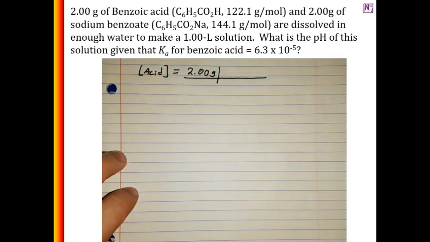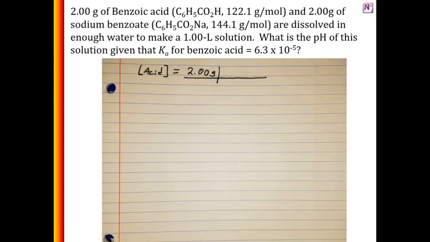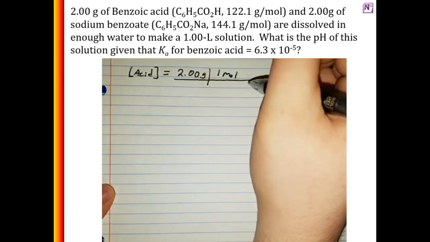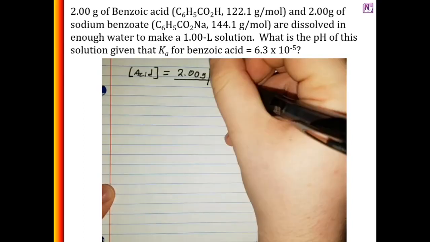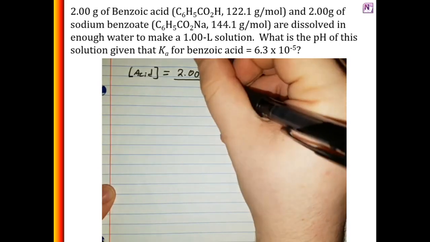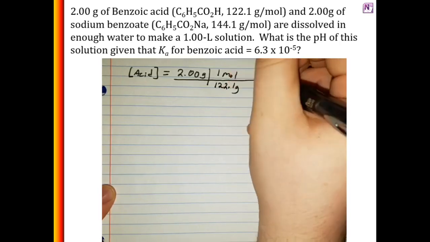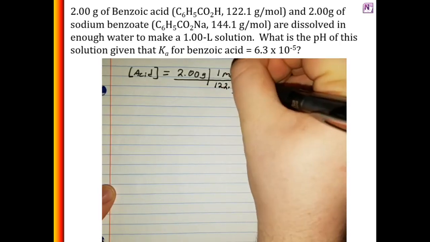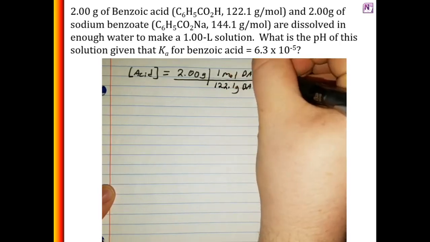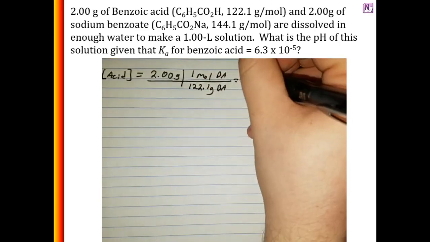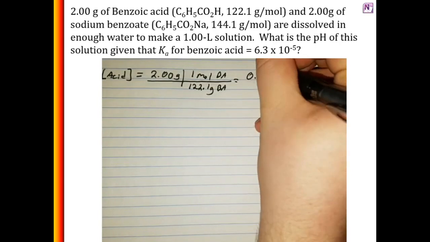There are 2 grams, and that's going to be for every 1 mole of the acid, I have 122.1 grams per 1 mole. And this is going to be for the benzoic acid. I'll just write Ba for short. Okay, so this gives me 0.0164 moles of benzoic acid.